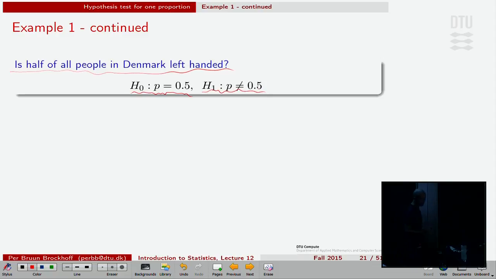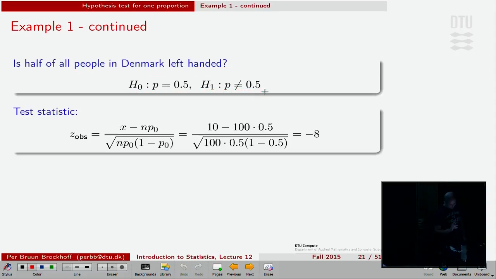How should I test that hypothesis? I do it like the formula I just showed you, by using the observed number of people that were left-handed in my sample, that was 10, comparing with the expected number that should be there if it matches the hypothesis, that would be 50.